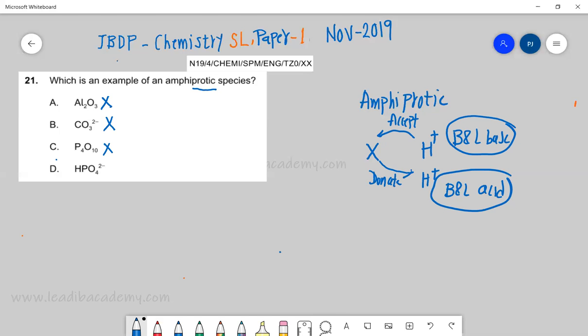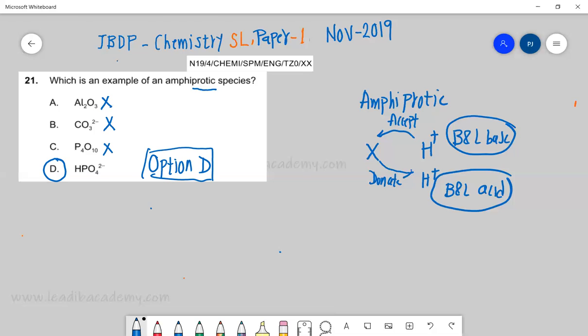Because there is no H involved in all these three, and finally it has to donate, so it should contain hydrogen. So these three are straight away out. Our job is very simple, so the answer is option D. But let's understand how.